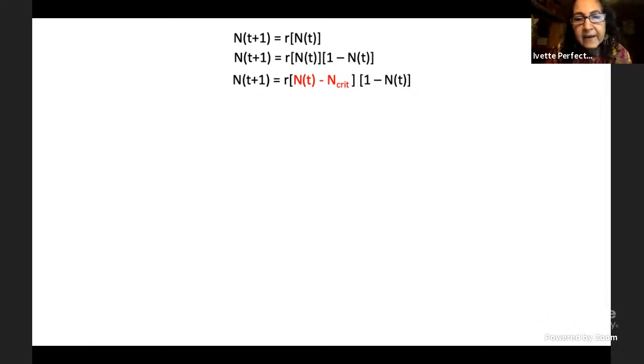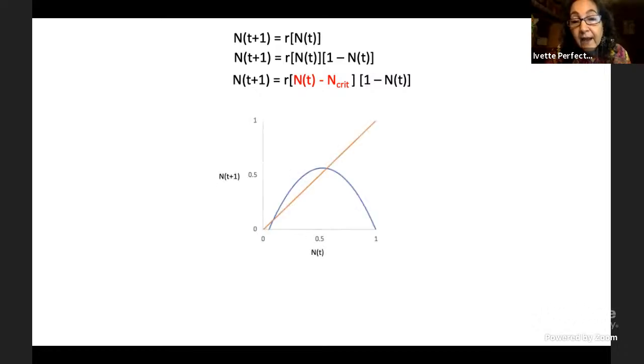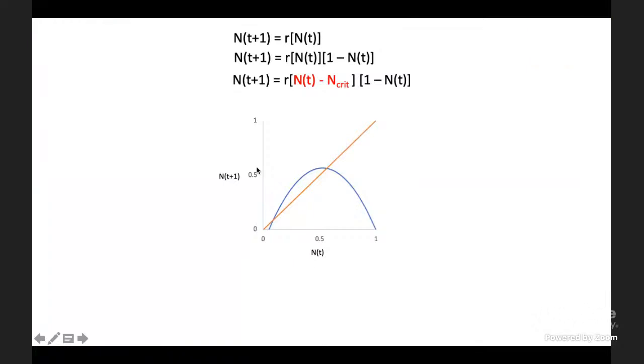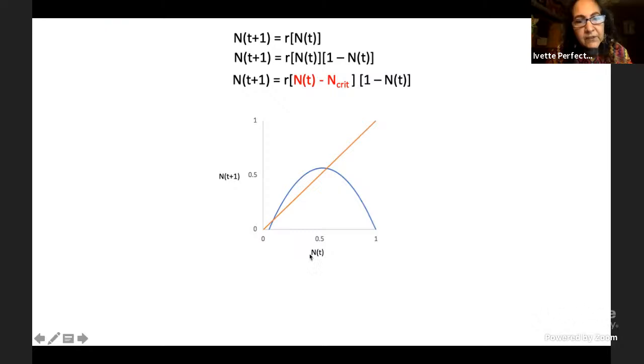the scales. Now, constructing an iterative map of this equation, we have this function here. And this is N of t against N of t plus 1. The population of the scale at time t versus the population of the scale at time t plus 1.